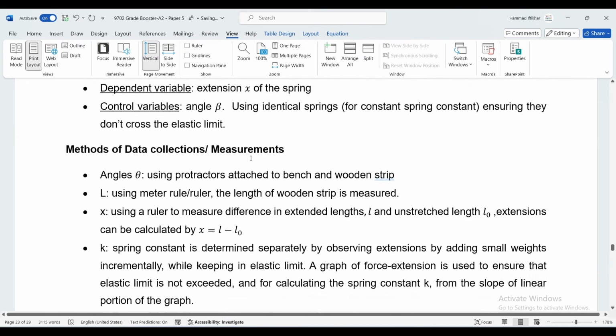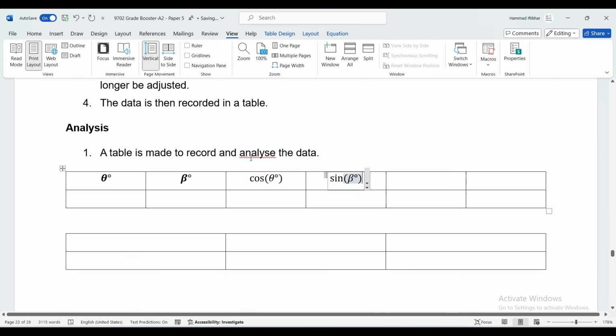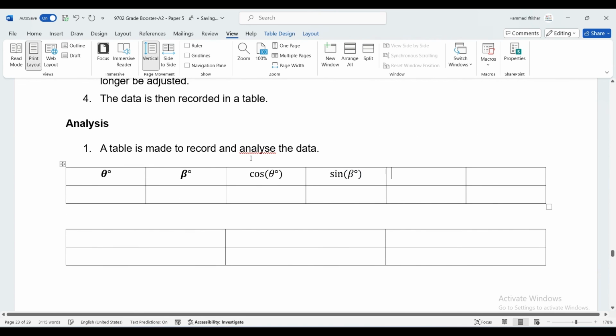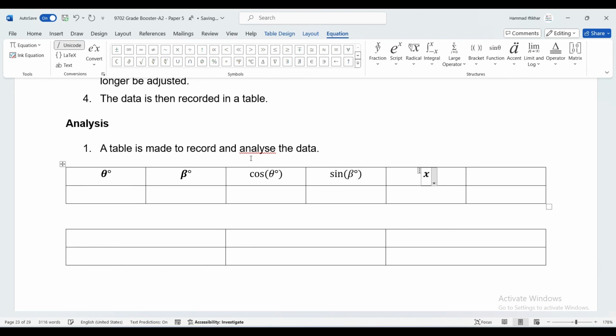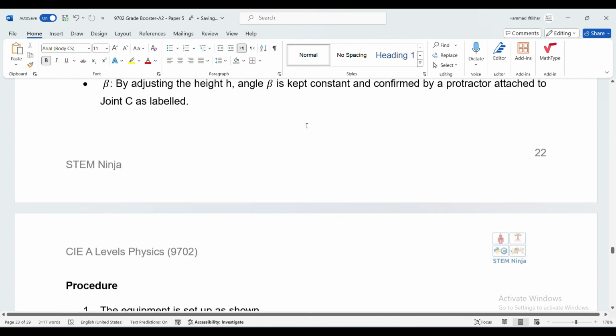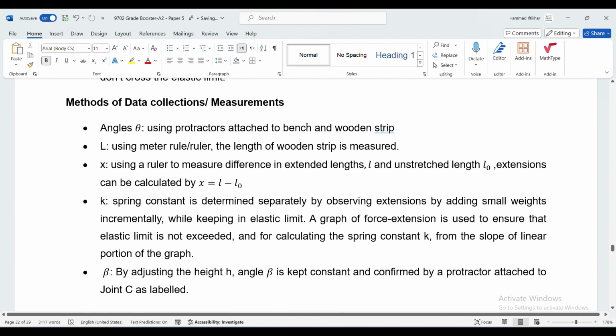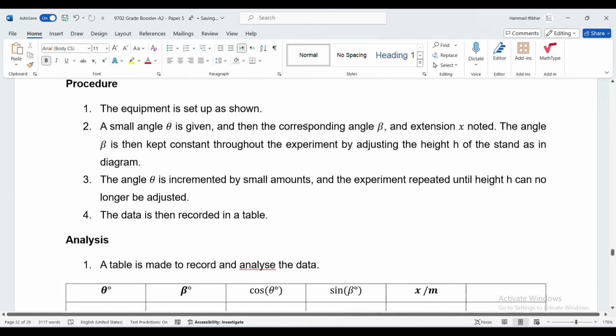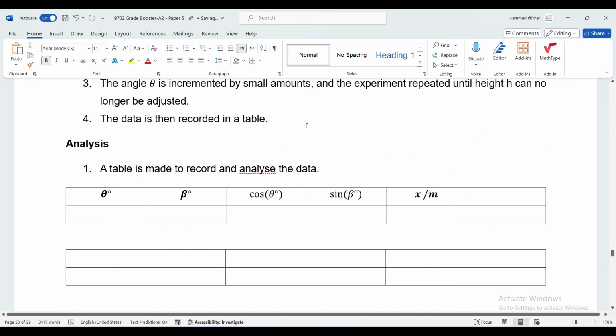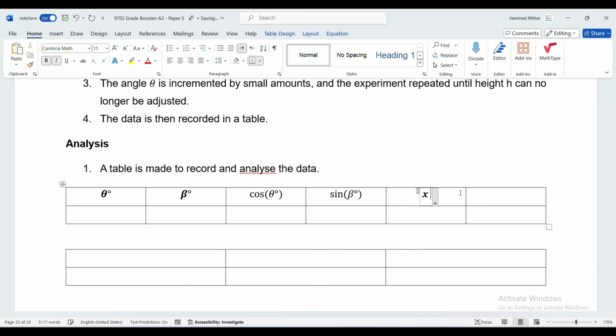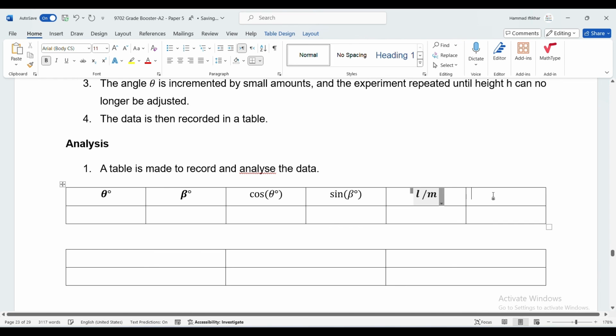What else do we need? Extensions. Oh, sorry. Extensions recorded in meters. And what else is there? We can find the extension by lengths, length in meters.